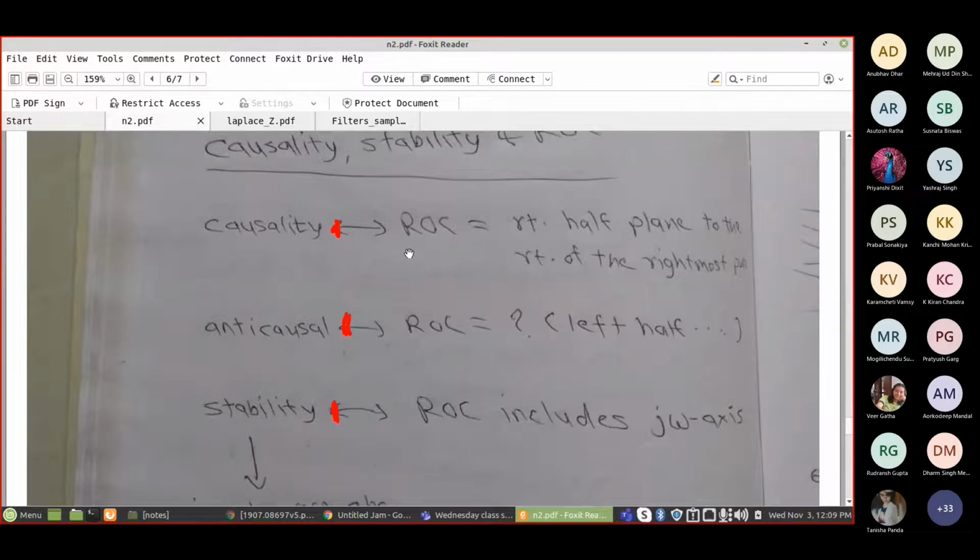But if you are also given the expression for the Laplace transform, then by uniqueness of the Laplace transform you can go back. So ROC along with an expression of the Laplace transform, then you can use this arrow both ways. But if the expression for the Laplace transform is not given, then this is just a one-way implication.